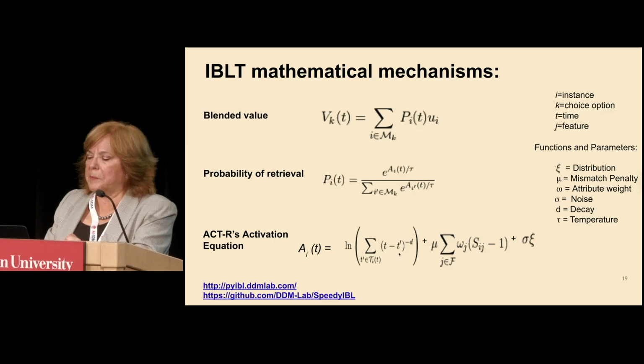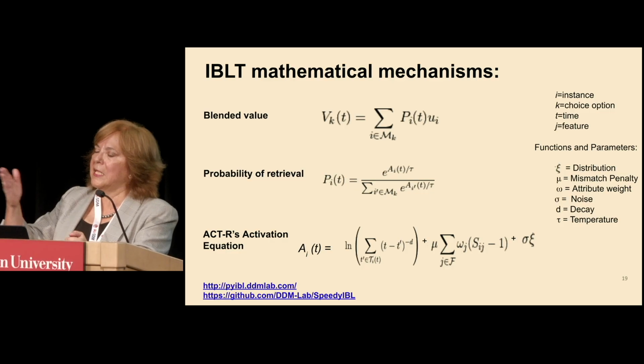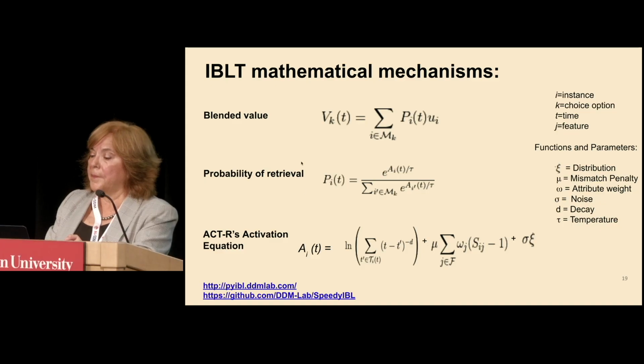This formula represents the frequency effects, the recency effects, the similarity effects, and the noise. So in each time, for each instance, this calculation is done, which represents how humans retrieve information from memory based on those aspects: frequency, recency, similarity, and noise.